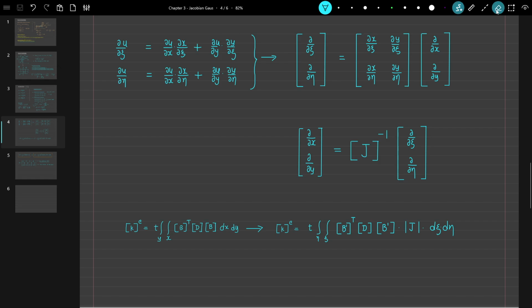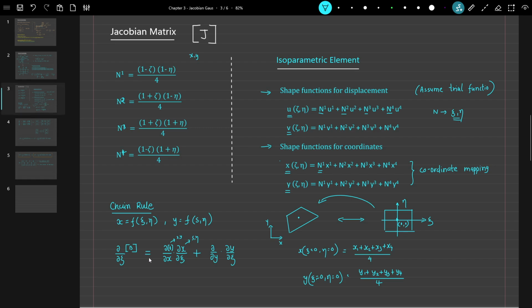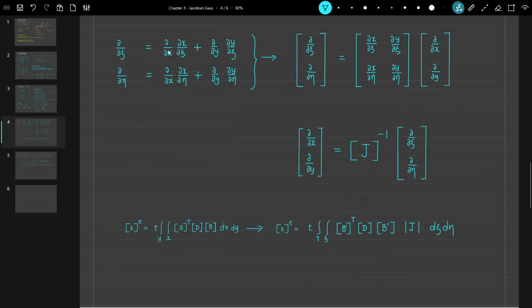Let's put it for any general function. So dou by dou zeta here is equal to dou by dou x into dou x by dou zeta plus dou by dou y into dou y by dou zeta. Similarly, with respect to eta, dou by dou eta is equal to dou by dou x into dou x by dou eta plus dou by dou y into dou y by dou eta.